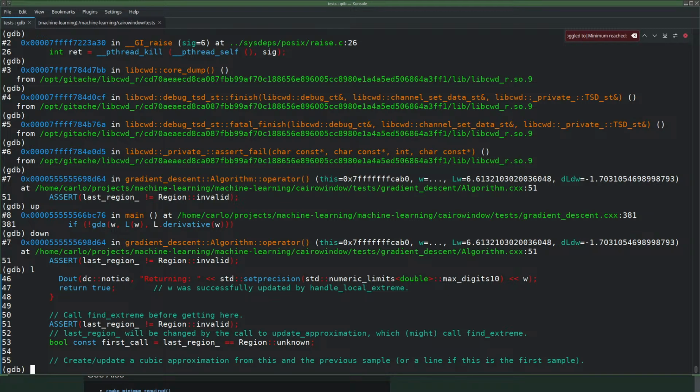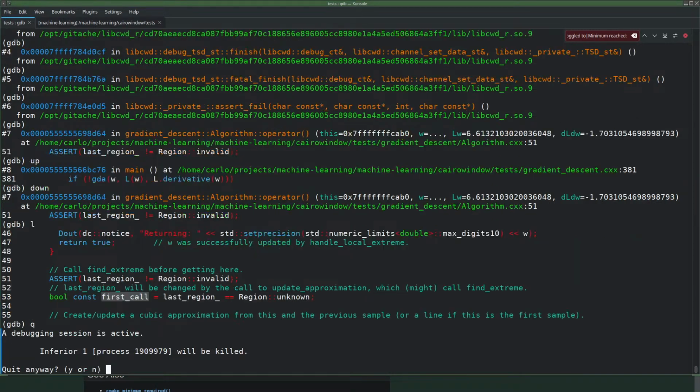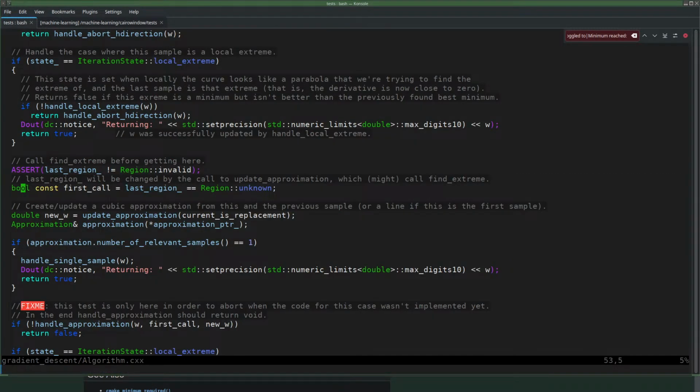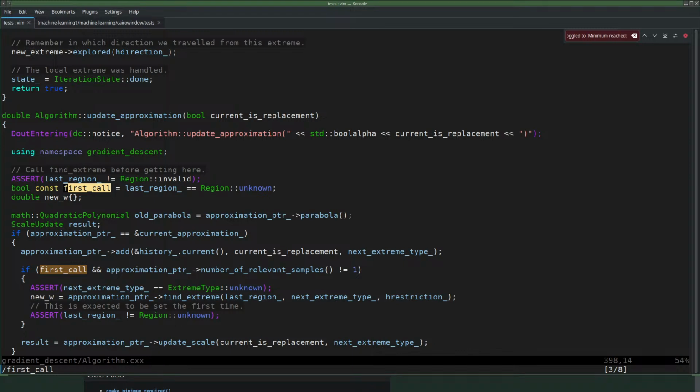No, I really have to understand what first call means. What exactly does this mean? This call is passed to handle approximation, and it is set.